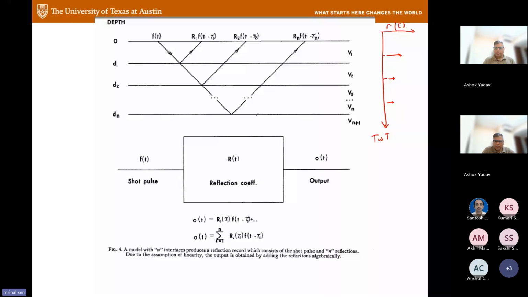And this could be negative also if we have a drop in velocity or a drop in impedance. So that's one part. If this were all spikes, it would be so nice for us, because then we could interpret in terms of actual layering. But in reality, we have the wavelets, so that basically masks a lot of information.